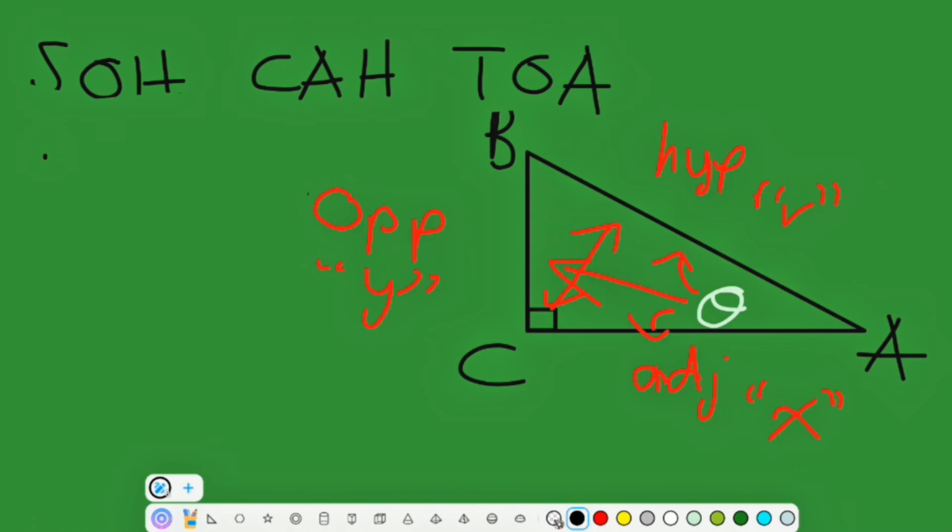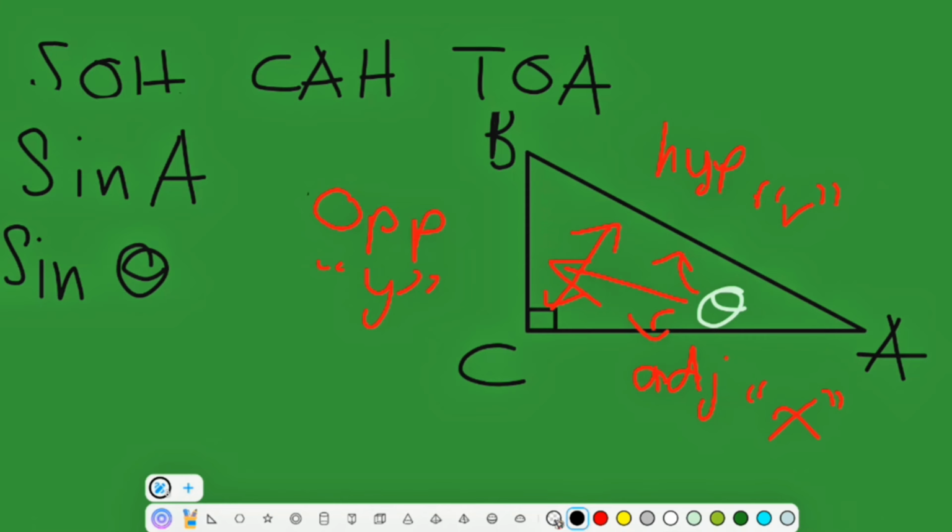Now, on this right-angled triangle, when we focus on sine angle A, we realize that sine angle A is still the same as sine angle theta, because angle A and angle theta are the same thing in this example.